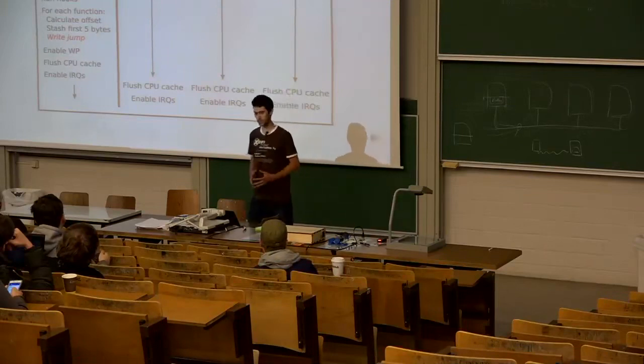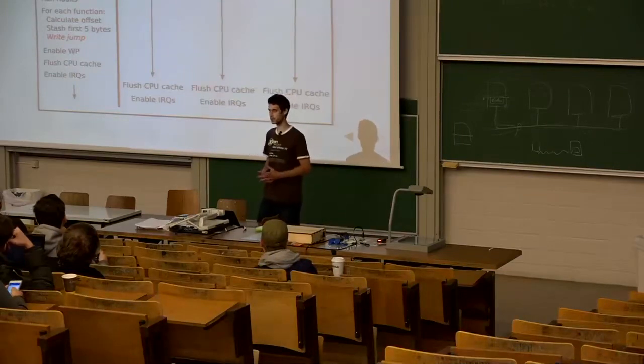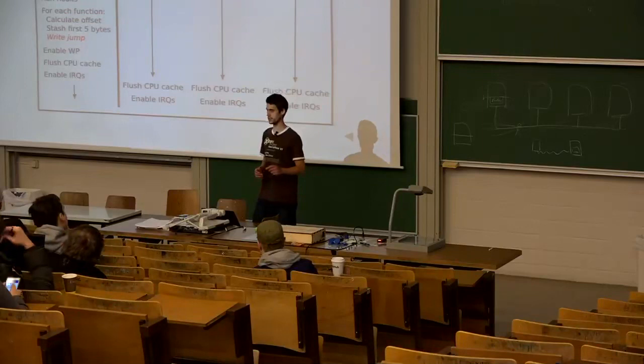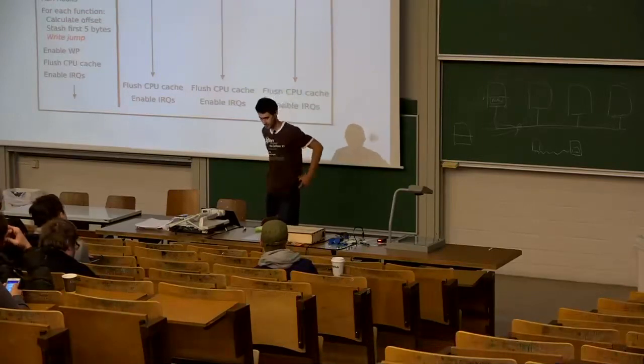So this basically allows us to avoid having to modify all the callers of the old function. So if you just replace a function, the only thing that you're changing is basically like a pointer at the beginning of the old function.